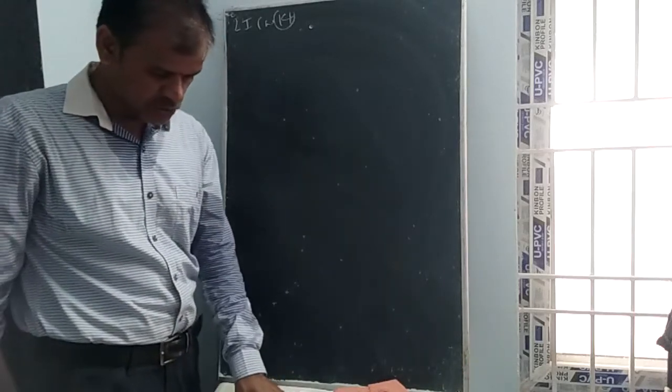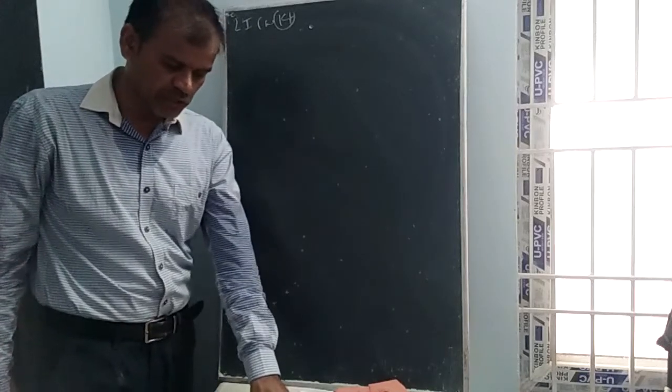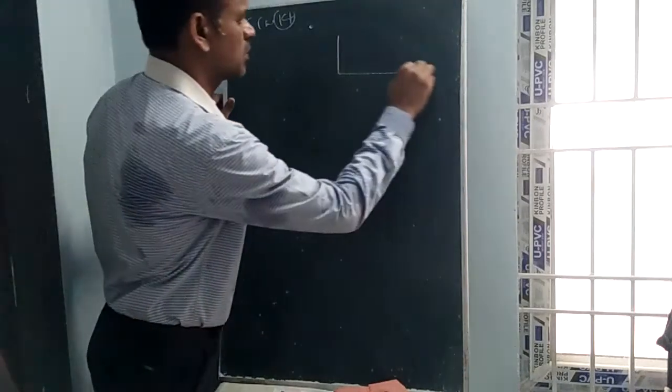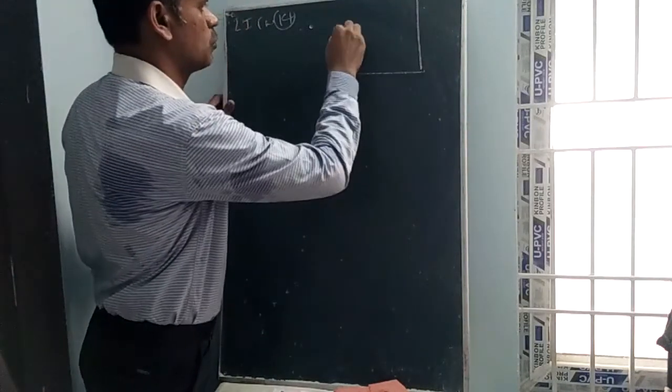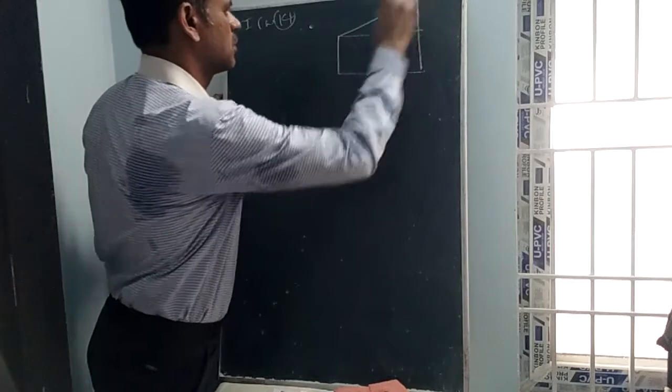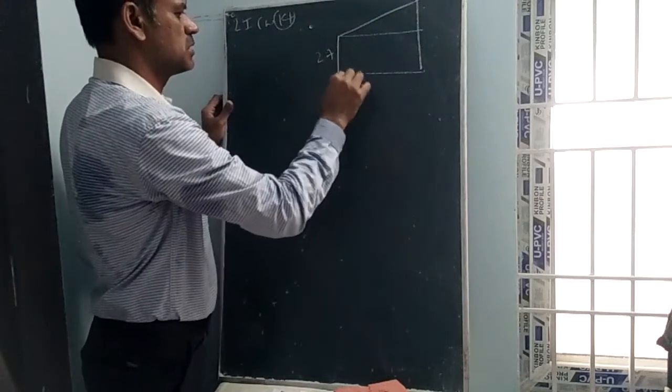184. Read the question. From a point of height 27 meters above the lake. This is 27 meters. This is the lake.